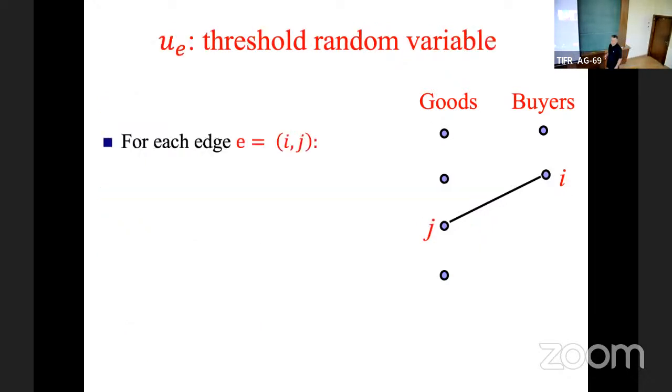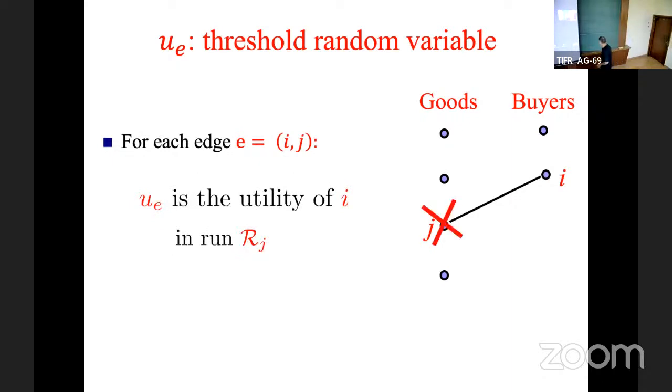So here is this new definition. For every edge ij, which I'm calling edge e, I'll define a random variable which is called a threshold random variable, ue. What is it? It is the utility that i gets in the run Rj after you remove j.